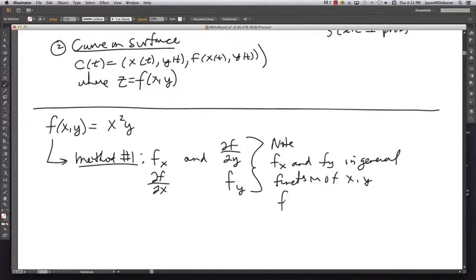So sometimes you will see the partial derivative of f with respect to x written as f sub x of x comma y. This piece here indicates that it's a function of x and y. Okay.